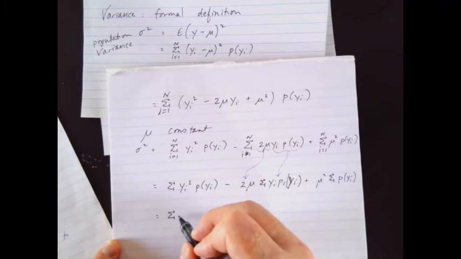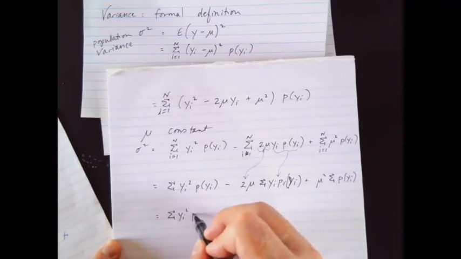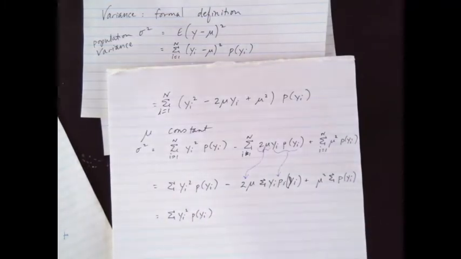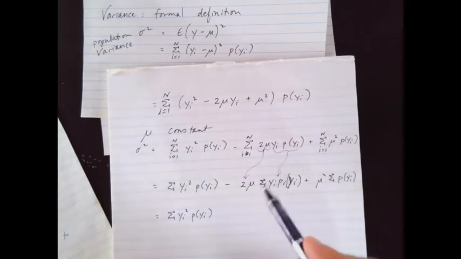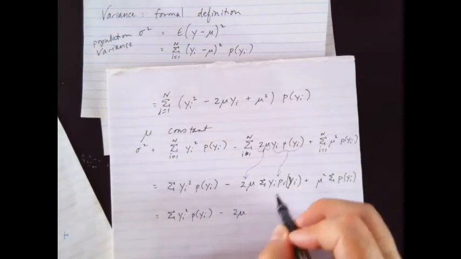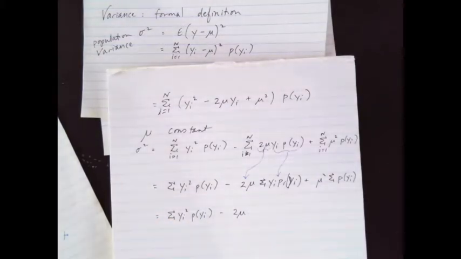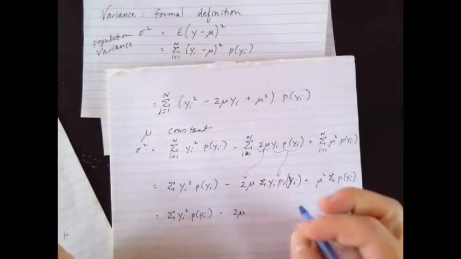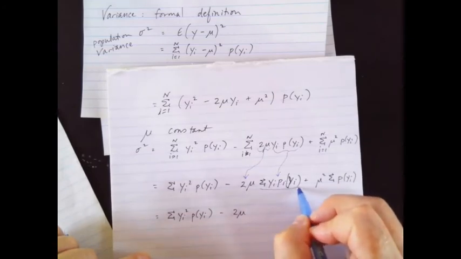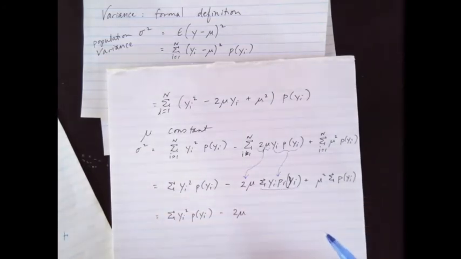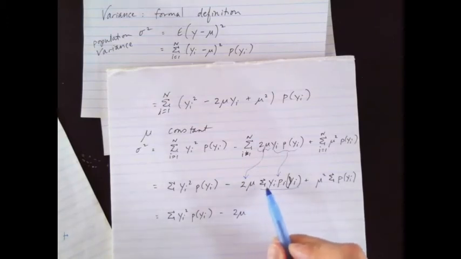Going down here, we have the sum of y squared times probability, as before. Now, we have minus 2 mu. What is this one here? The sum of y times the probability of y. That's the expected value. So that's just the mean. So that's mu. So we'll have minus 2 mu times mu, so that's minus 2 mu squared.